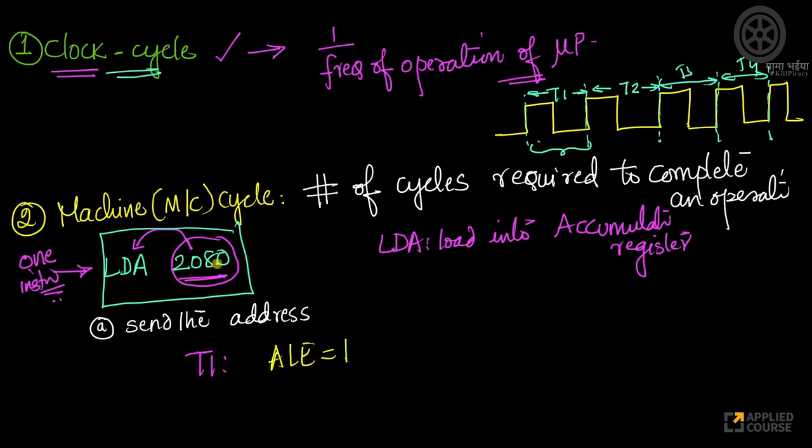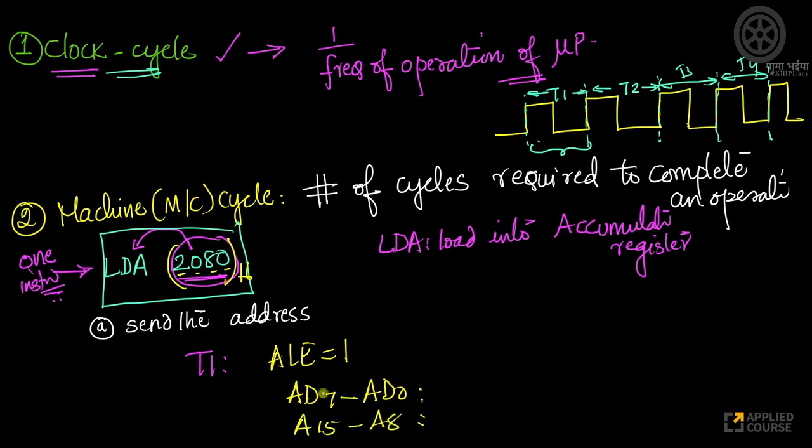Again, this address is 2080. Let's assume this address is in hexadecimal, just for simplicity, so that I can read it as four nibbles, because one nibble is 4 bits. Then my address pins are AD7 to AD0, and A15 to A8.